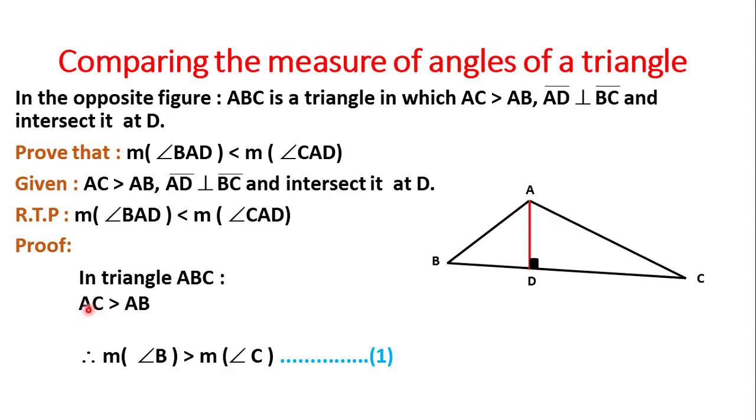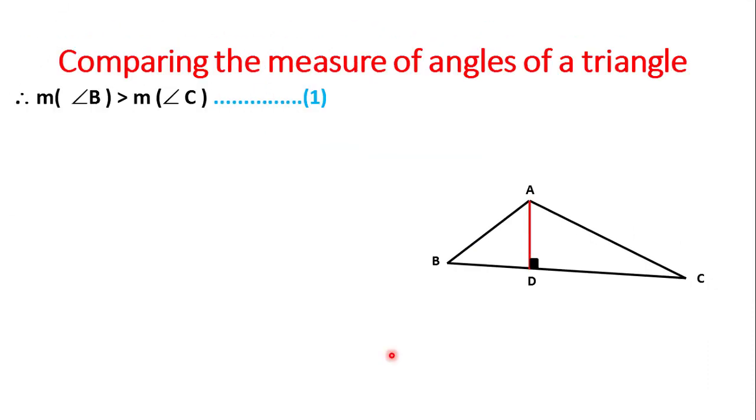AC is opposite to the angle B, so measure of angle B will be greater than measure of angle C. We will name this inequality as number 1. From this inequality we will continue.